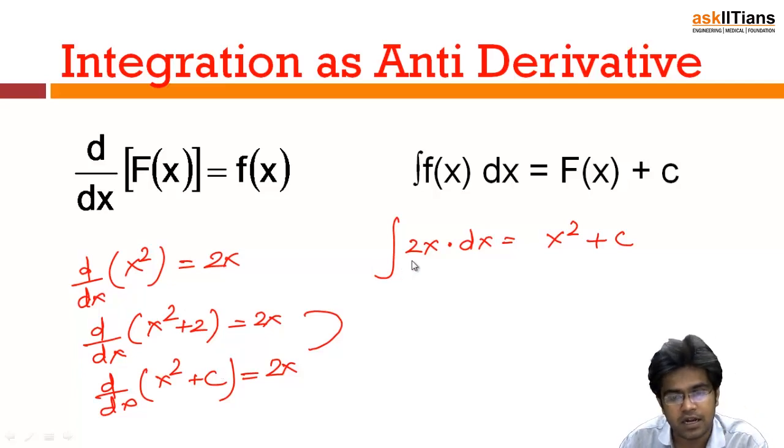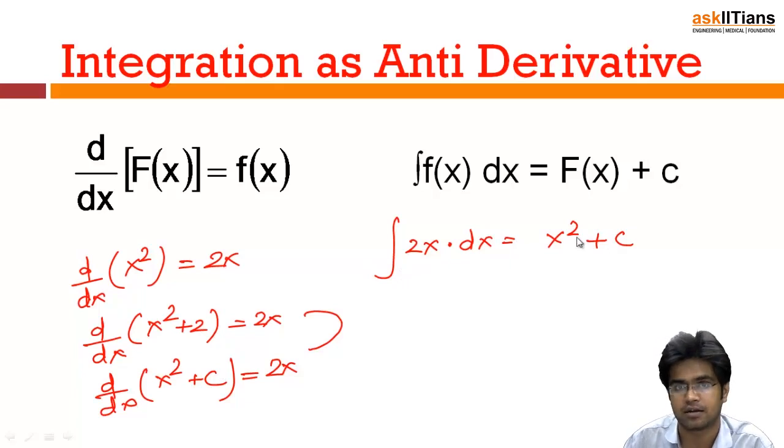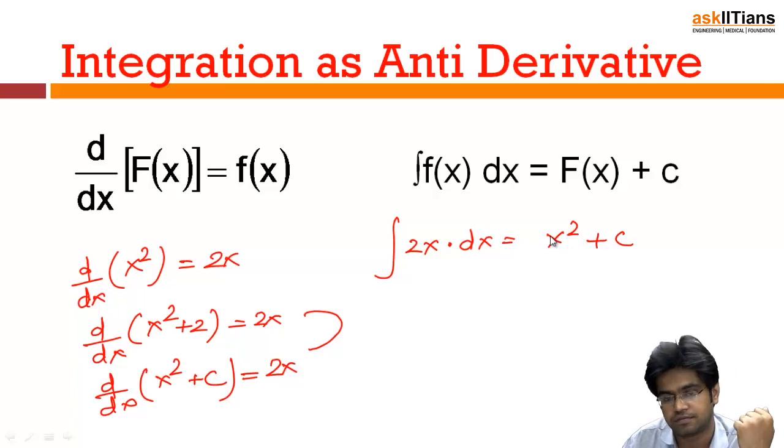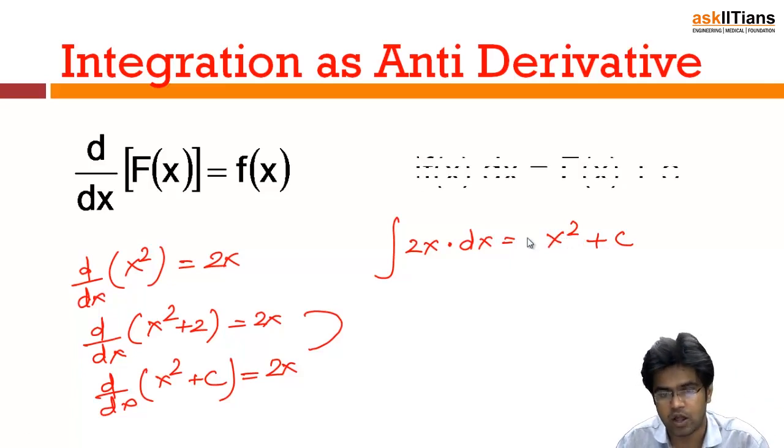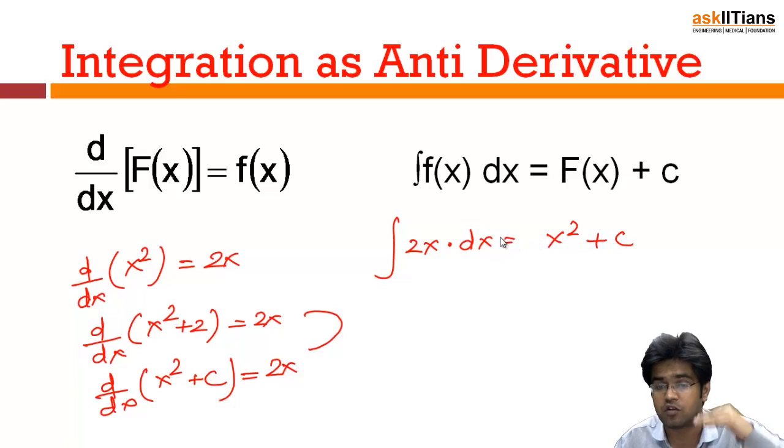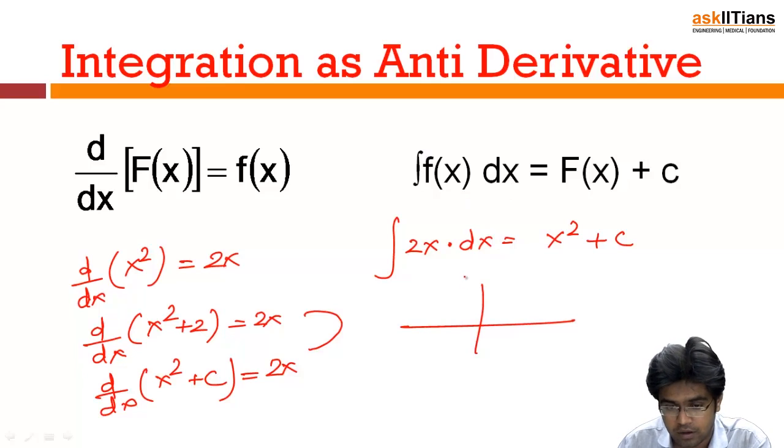That is why when we integrate 2x, we say x square plus c, where c can be anything, we don't know, and that is why it's a family of curves. You don't know whose differentiation is your small f(x). So this gives us a family of curves.